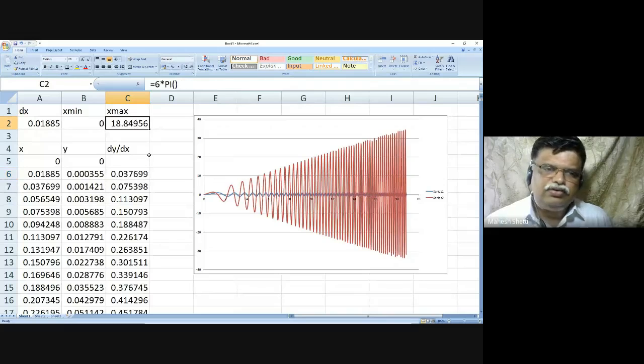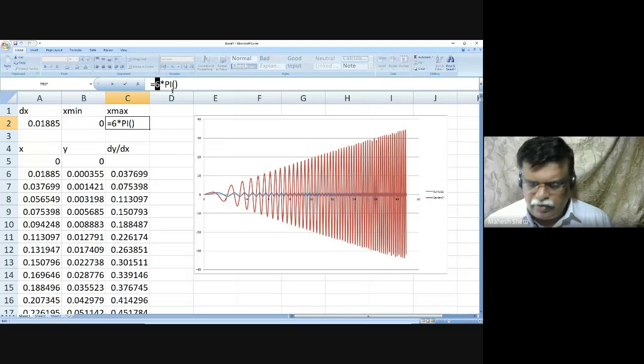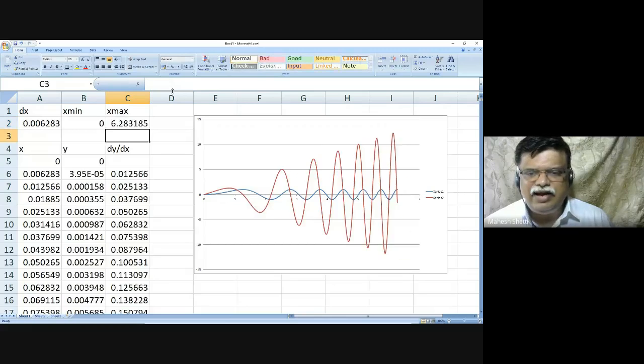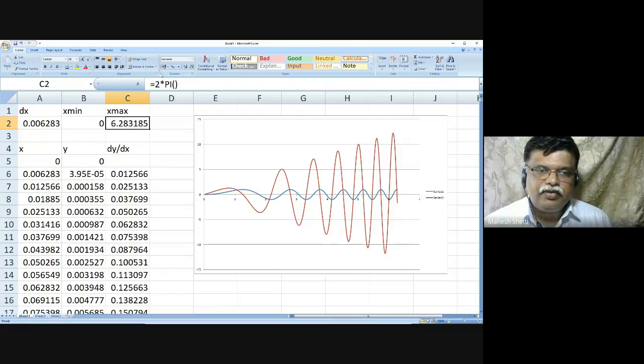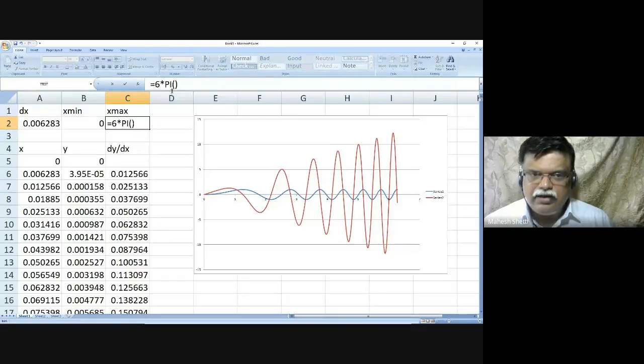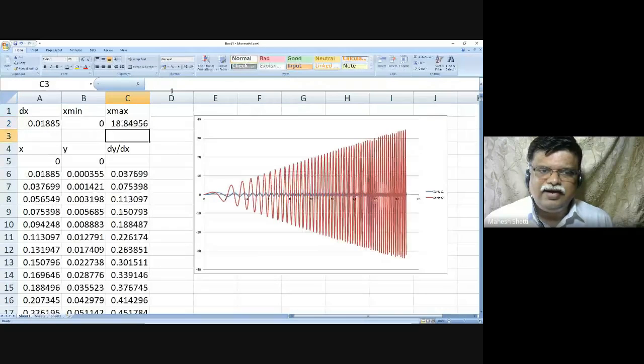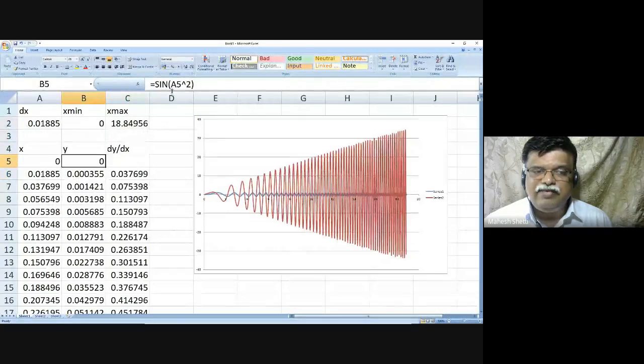So of course, if I reduce the limit here, instead of 6 pi, if I put only 2 pi say, then you will be able to nicely observe that the amplitude is also increasing and it is linearly increasing. So that's the difference, and that is an important thing that we need to look at when we are writing a function.